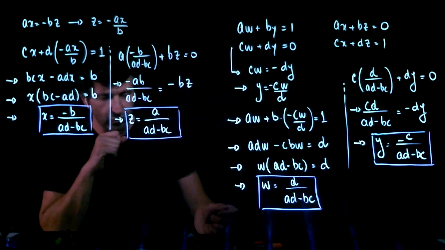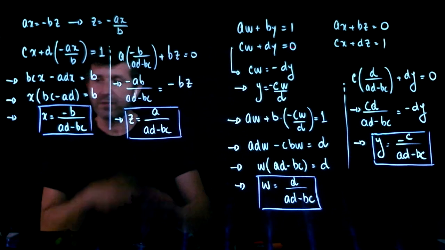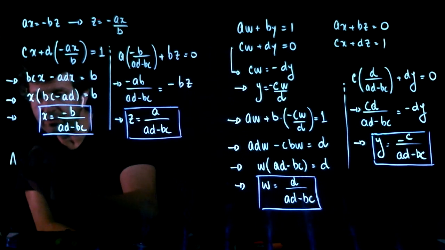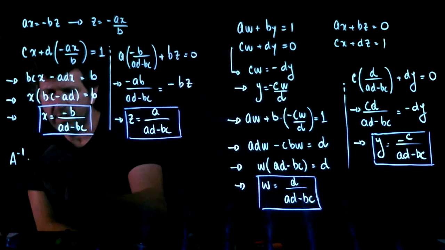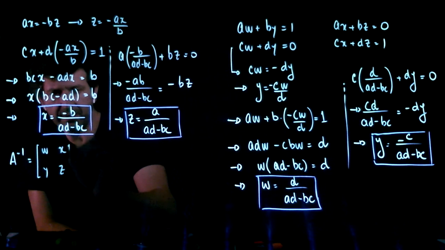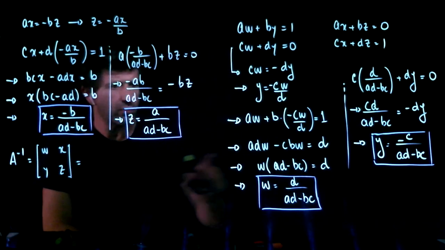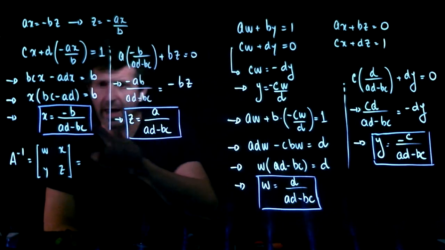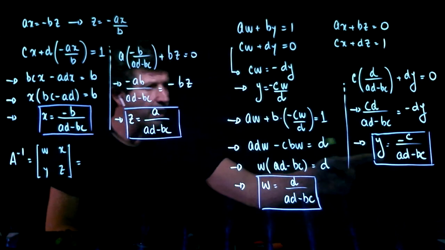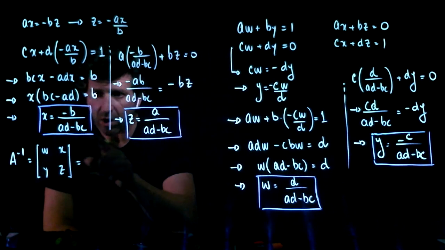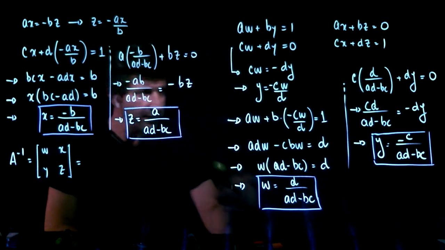Okay, so let's go back to the beginning. We had A inverse equal to W, X, Y, Z. Well, they're all divided by AD minus BC.